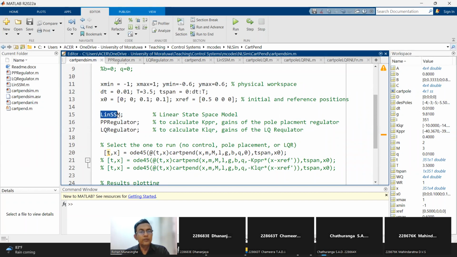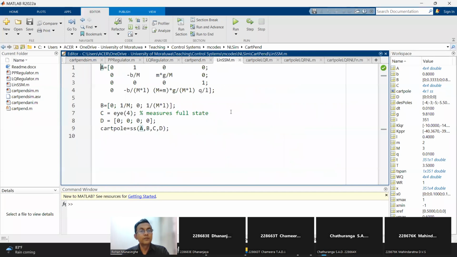So linsim is also over here somewhere, and this is linsim, the linear state space model, entire system A, B, C, D, and after that it runs the cart pole state space model. It generates a state space model.